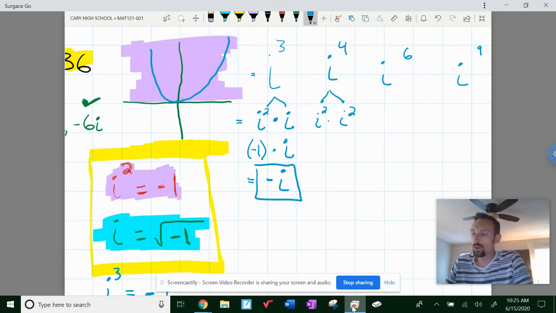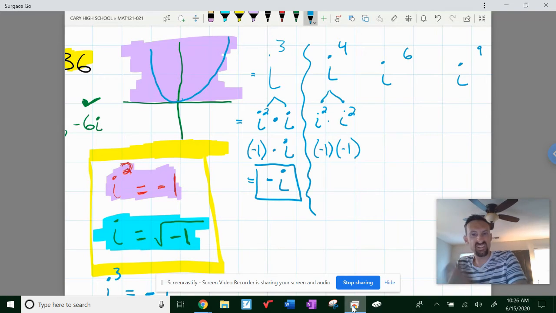Okay. So again, i squared times i squared is i to the 4th. When you're multiplying two numbers together, if they're the same number, you can add the exponents. And so this is going to turn into negative 1 times negative 1. Well, what's negative 1 times negative 1? Well, that's just 1.